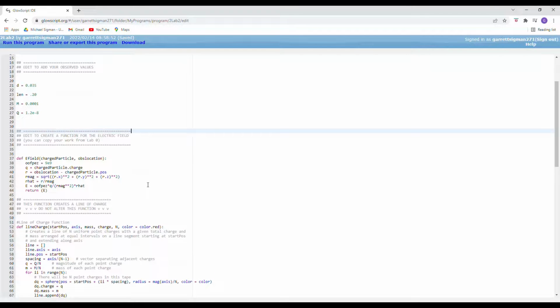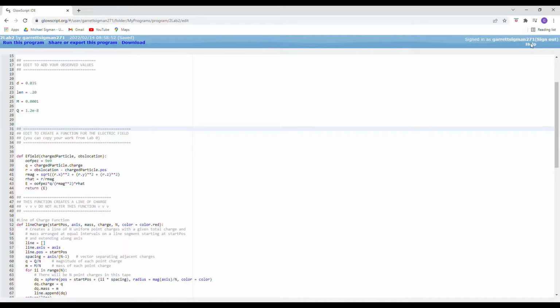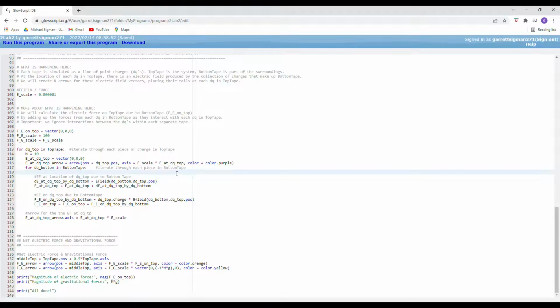I plug that into the electric force equation, and so I got the electric force. Then I used a for loop that goes through each position of the tapes, finds their charge, and adds them all together.